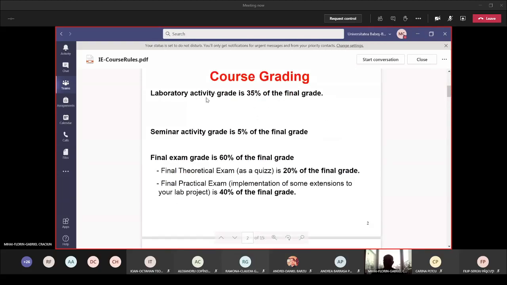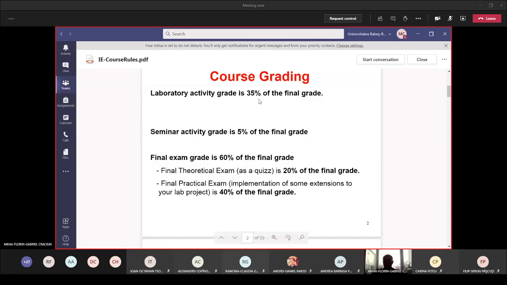The lab activity is 35% of the final grade. Seminar activity is 5%, and the final exam is 60% of the final grade. And here 20% is the theoretical exam, and the practical exam is 40%.